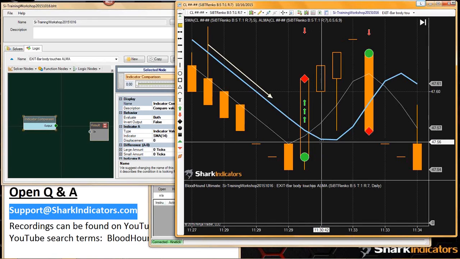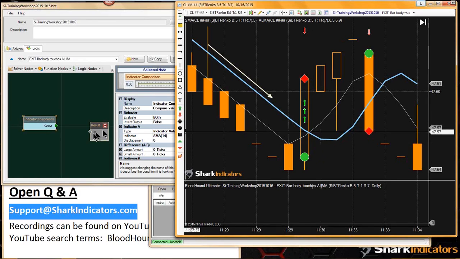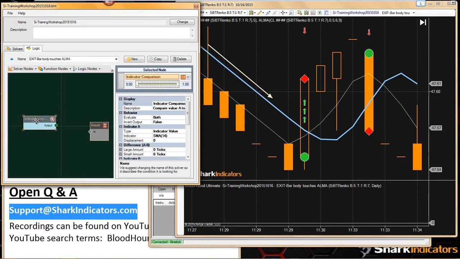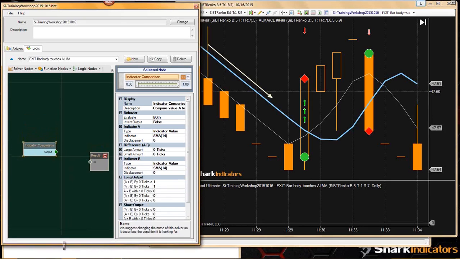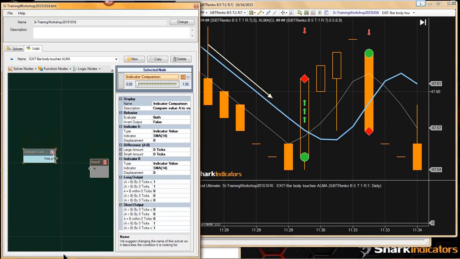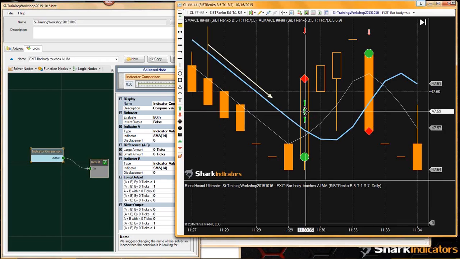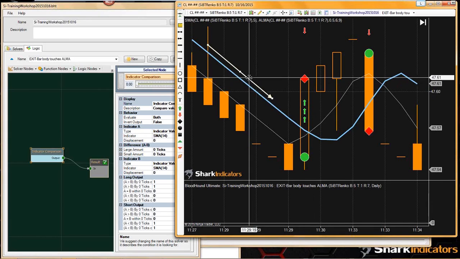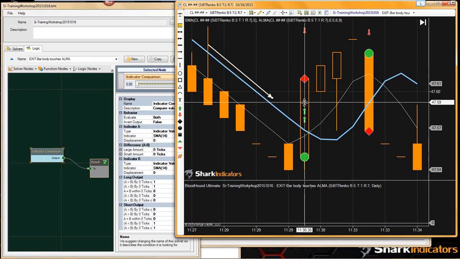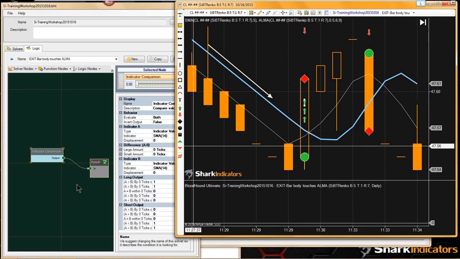So we're going to have to build a couple of comparison solvers to do this. So we'll start with one. We'll build the exit signal. So the exit signal is going to be a long signal to close out a short trade. All right, so we'll build the long signal here first.